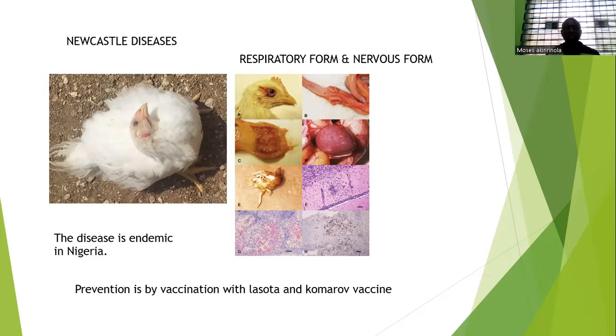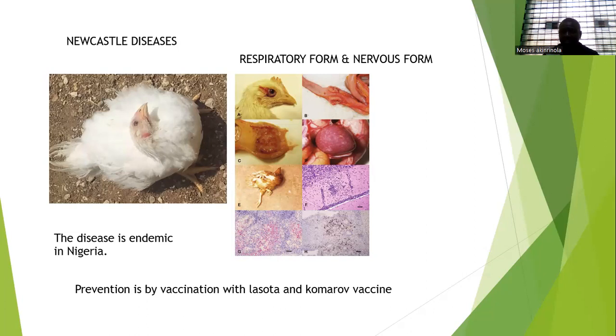So Newcastle disease is very prevalent in Nigeria, and farmers must always do their best to prevent it. I tell people that prevention is better than treatment, because treatment makes you spend a lot of money.